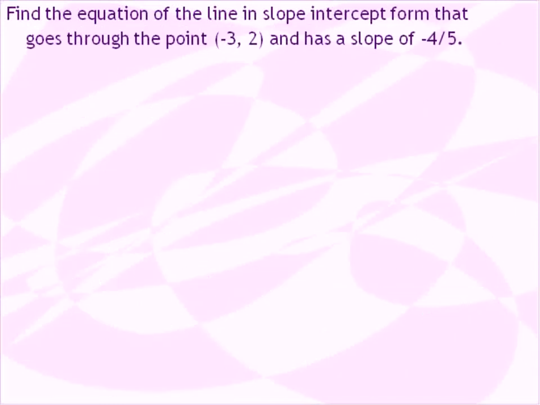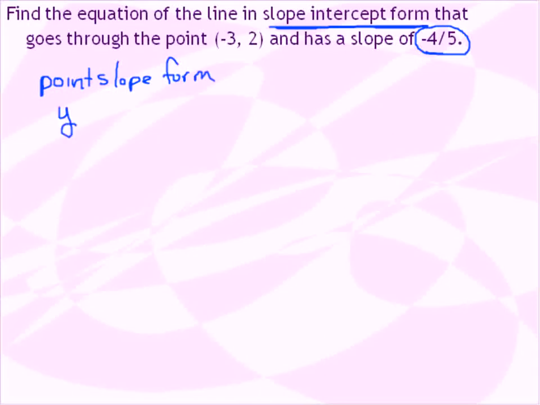Find the equation of the line in slope-intercept form that goes through the point -3, 2 and has a slope of -4/5. So we want it in slope-intercept form. We know the slope, so that's a good thing, but we need the y-intercept. So the best thing to do is to put it in point-slope form first. We're going to write it in that form first.